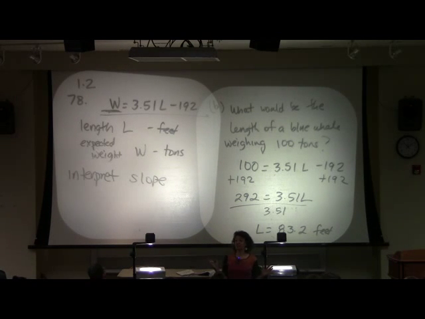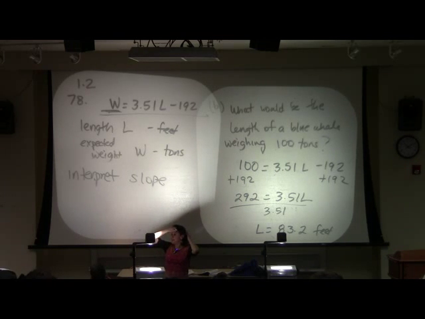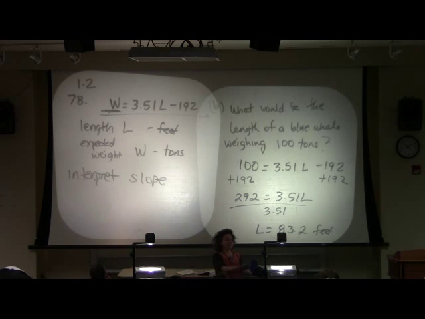What is our slope, first and foremost? 3.51. You guys, we know our slope is the number in front of the variable, isn't it? Okay? So, what I want to know, and at least get you guys starting to think about, is what the slope actually means in the context of any word problem.